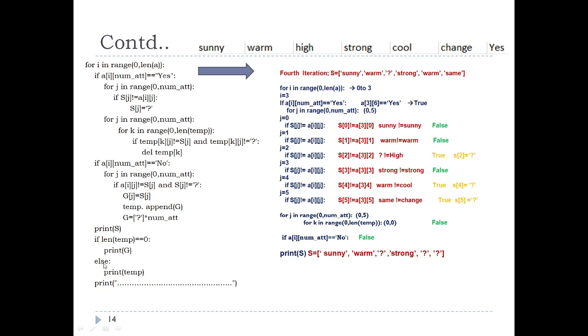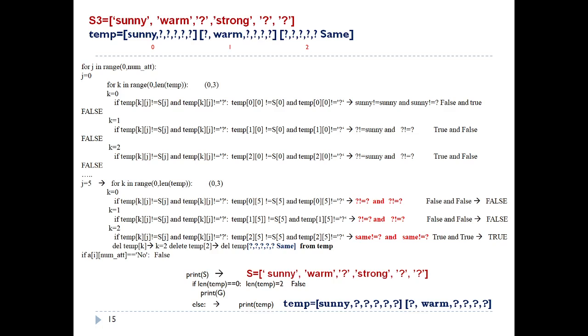So it will come out of this, go to the else part and print the temp value with the 3 elements. After the fourth iteration we will get the value like this. But here what happens, in S3 the last value, the same attribute value, is changed to the general form, the generic value.